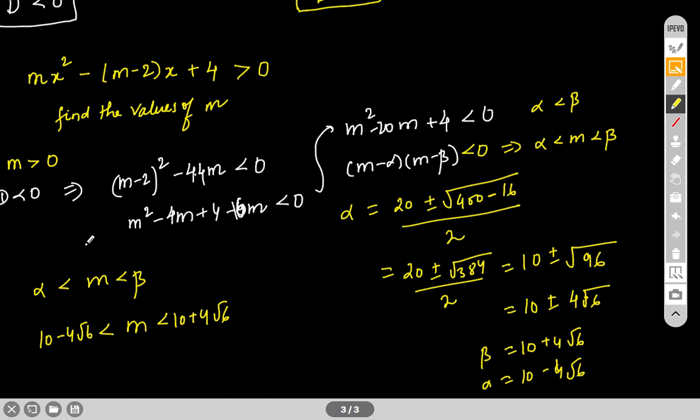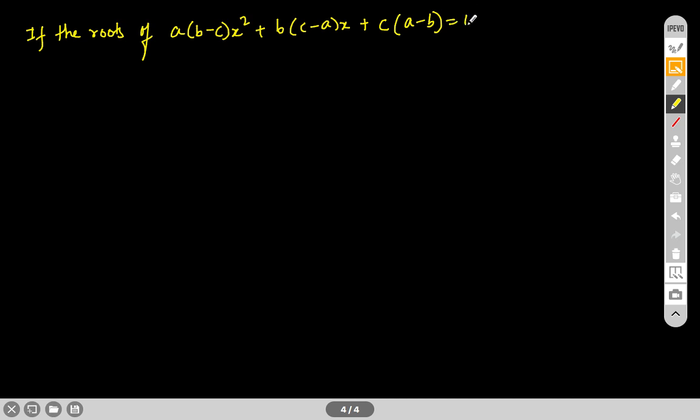Let's have another one. If the roots of this equation are equal to 0, then show that 2 by b equals 1 by a plus 1 by c.